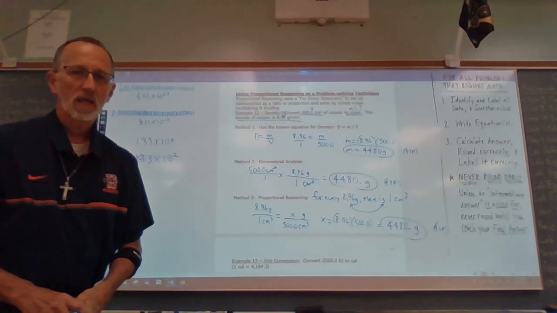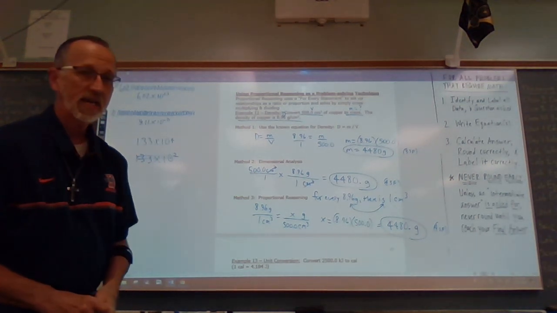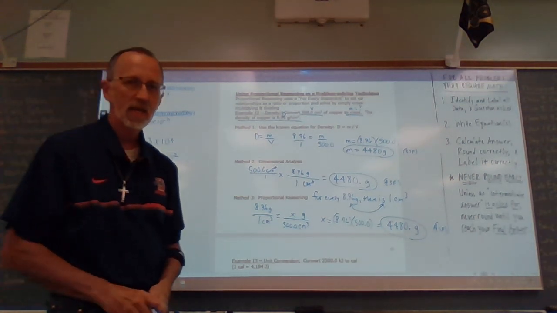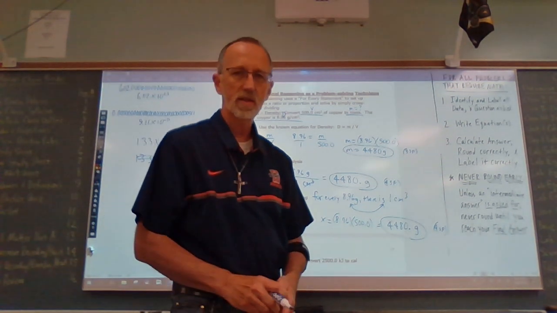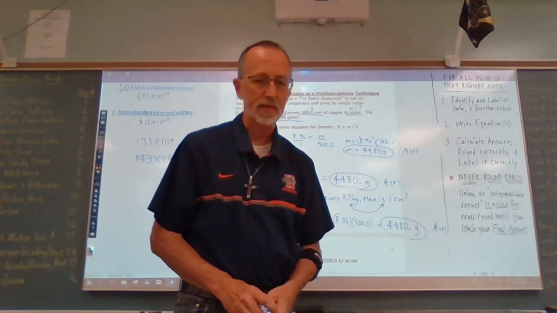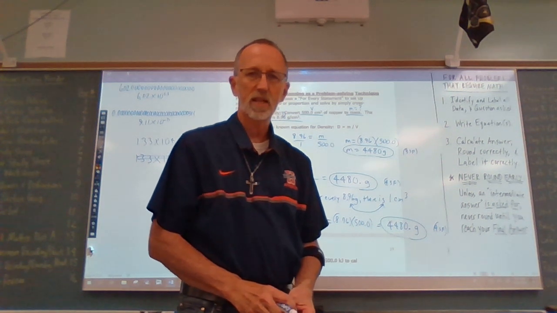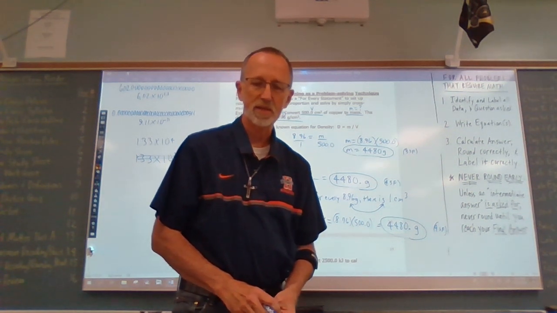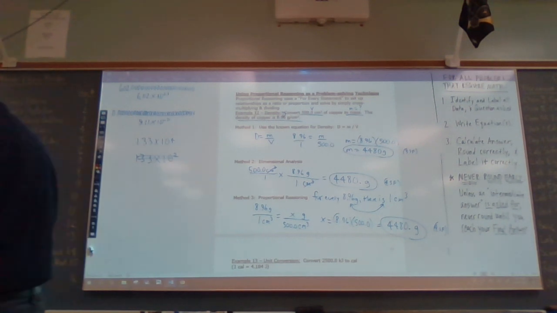So, as you can see, mathematically, the answer is the same, regardless of the method, as it should be. They're just done a little bit differently. All right, let's go to the next one.